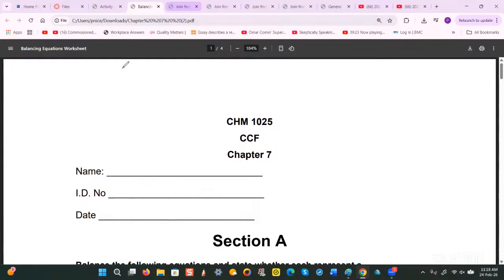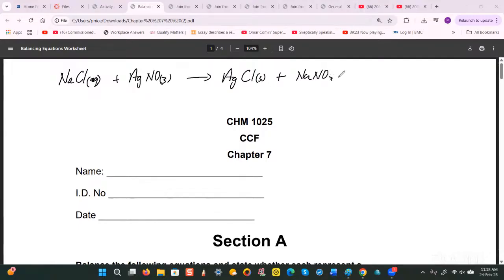The example I'm going to use is sodium chloride, aqueous, plus silver nitrate, aqueous, to give AgCl, which turns out to be a solid, plus sodium nitrate, which is in an aqueous solution.